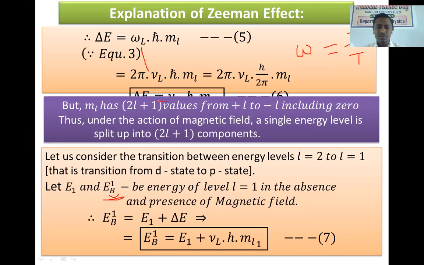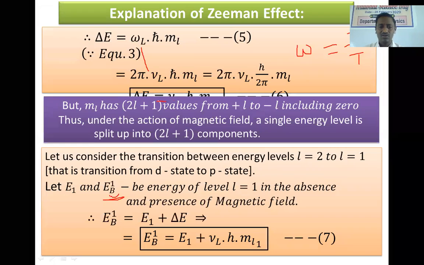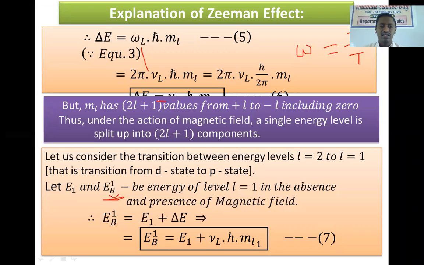Now we can find out the splitting of spectral lines by considering the transition between two particular energy levels. For the present case we have chosen the two levels having L equals 2 and L equals 1, that are the D state and P state energy levels.